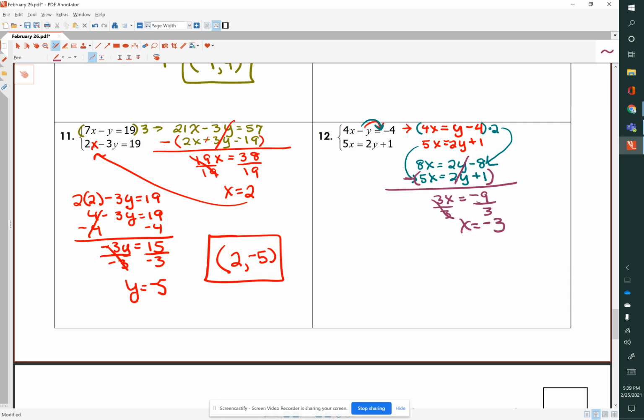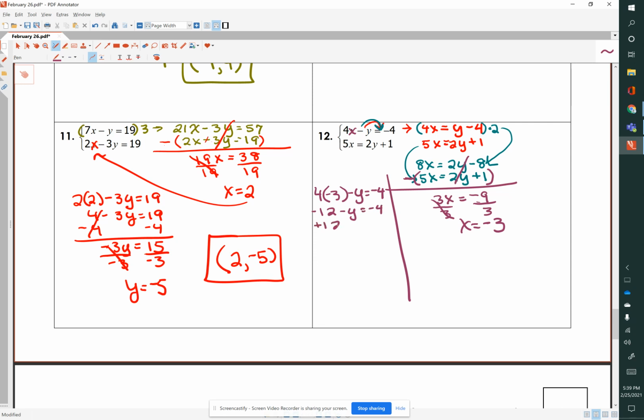I'm going to take that negative 3 and insert it right here for x in the first equation. So I've got 4 times negative 3 minus y equals negative 4. So that's negative 12 minus y equals negative 4.